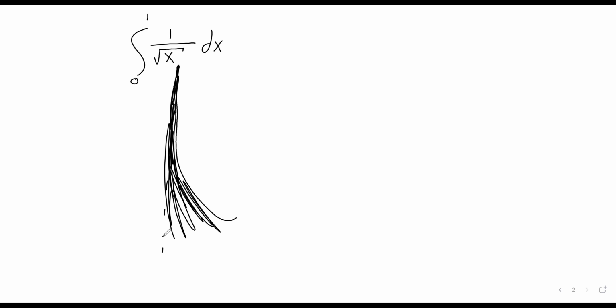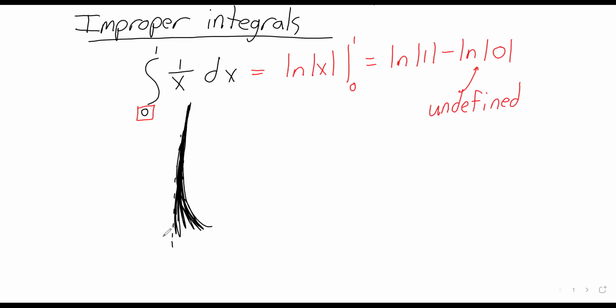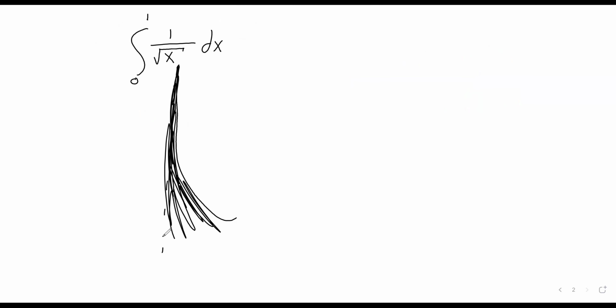But we want to say that this integral is finite, that even though the region extends infinitely upwards, it has a finite area. This integral, on the other hand, is infinite. The region extends infinitely upwards, and it has an infinite area. So what's the difference between these cases? How do we define the area under a curve in this situation?